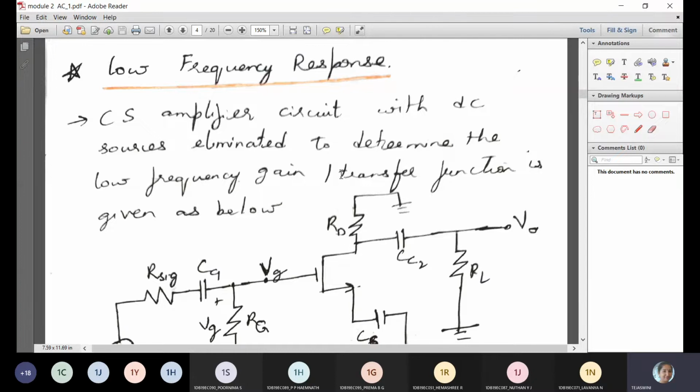So next we'll move on to the low frequency response. I hope you remember that three capacitors lead to the variation in the gain: coupling capacitor 1 and 2 and the bypass capacitor CS. So in low frequency response, our intention is to make a current or a voltage dependent on frequency.